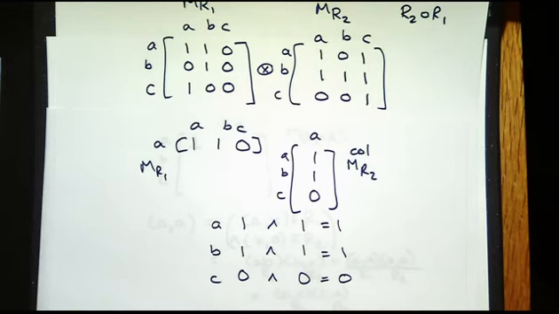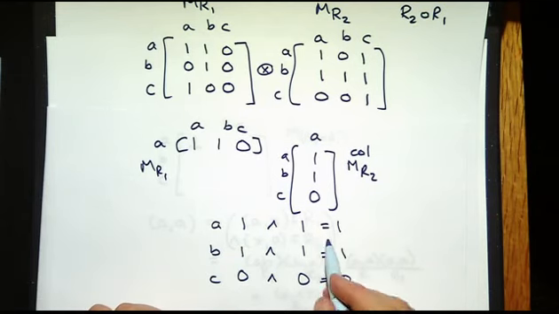So in a regular matrix multiplication, it's going to tell me how many paths of length 2 there are between A and A, where the first segment is from R1 and the second segment is from R2. So that's what matrix multiply tells me. And you can see that if I actually added these, I would get 2, right? Yes? 1 plus 1 plus 0 is 2. Okay, good. If I OR them together, I get 1.